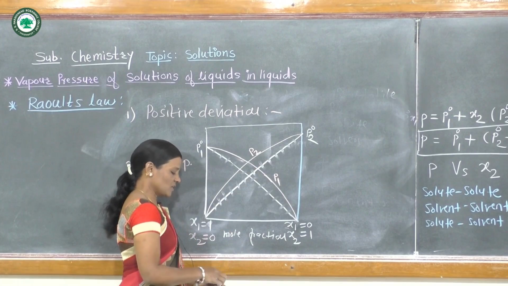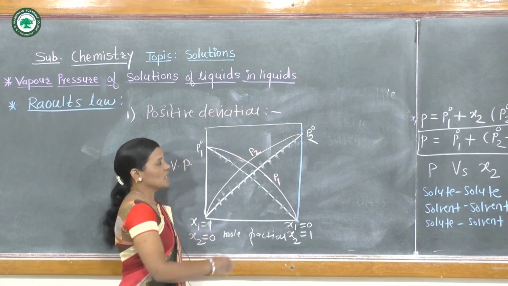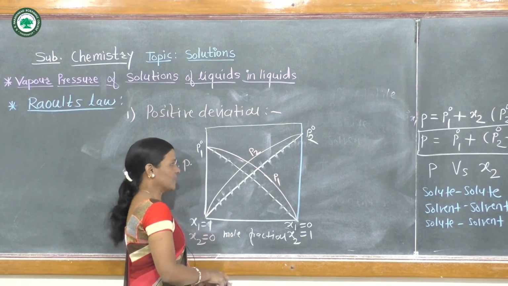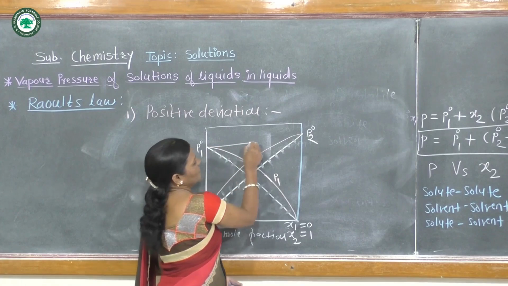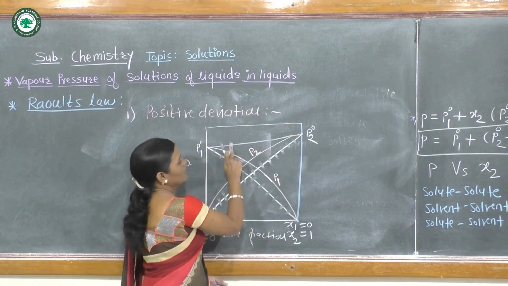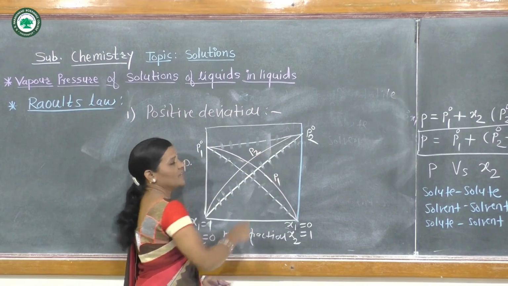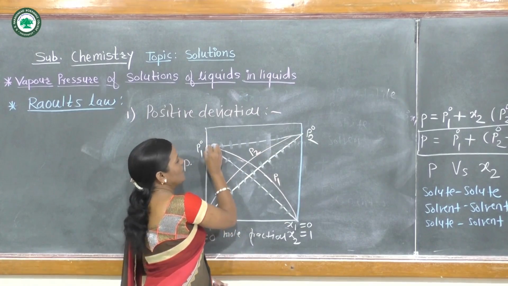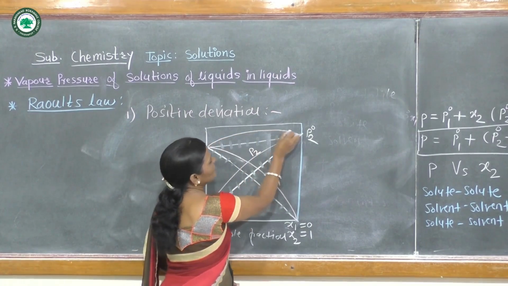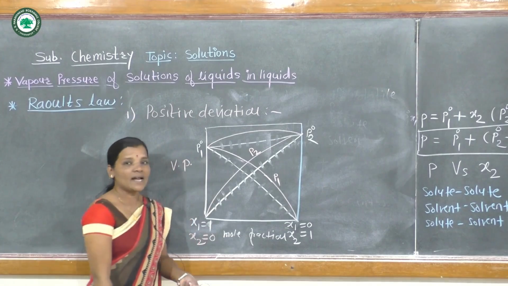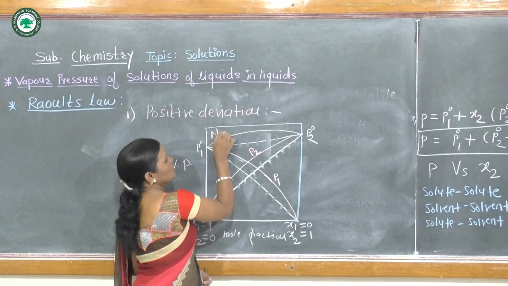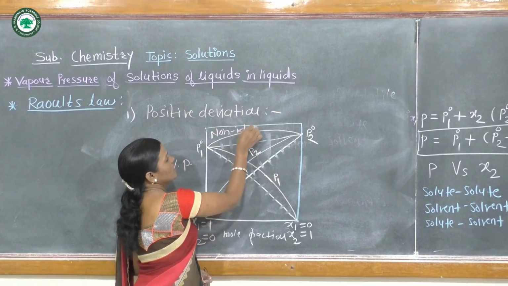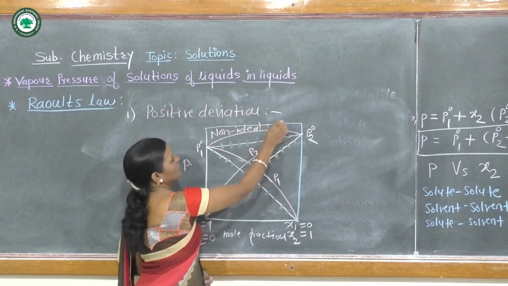If we consider the total pressure, the expected line for the ideal solution is straight, but this expected straight line is not obtained and here also we get a curve, which indicates the solution is a non-ideal solution.